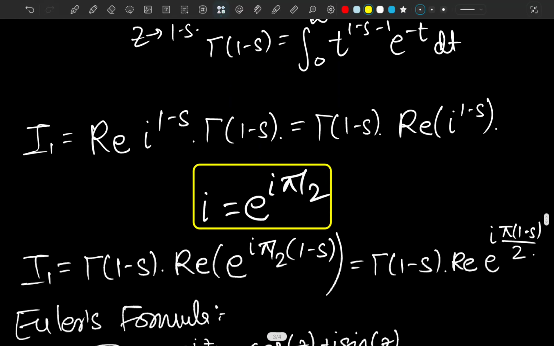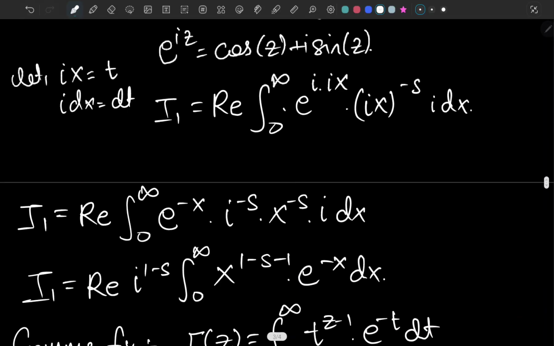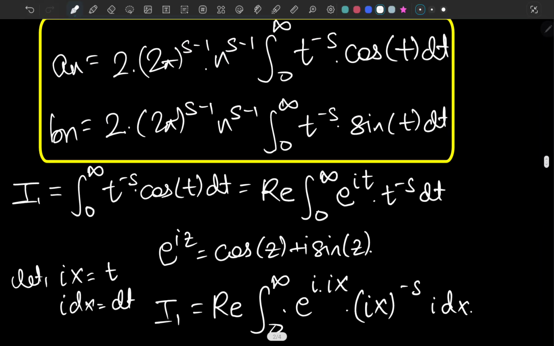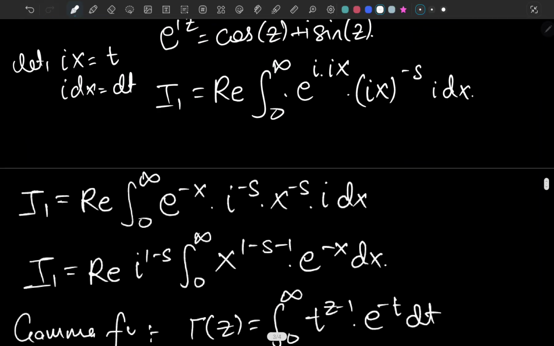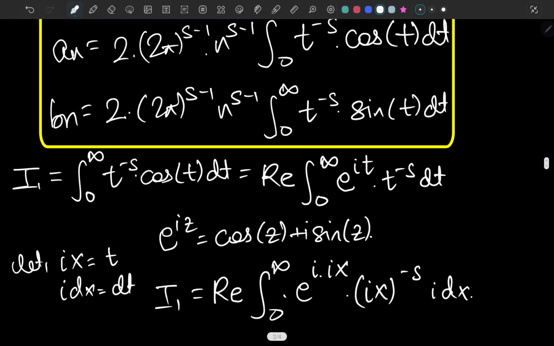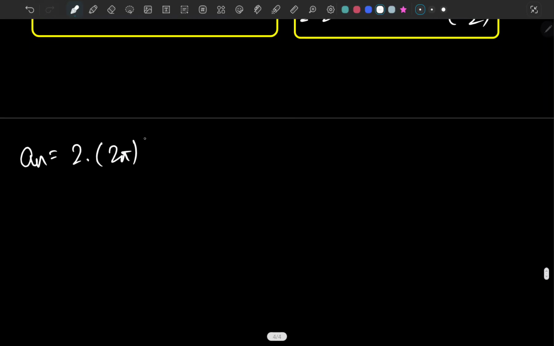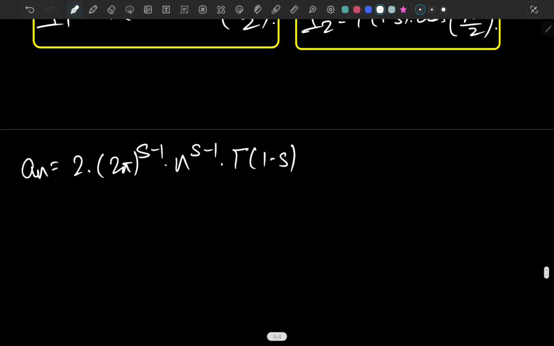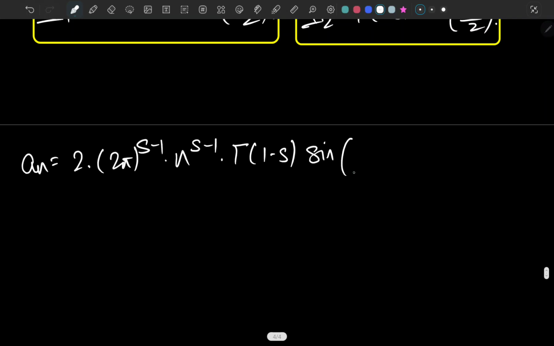So let's plug all these things back into a sub n and b sub n. We have a sub n as 2 times (2 pi) to the s minus 1, n to the s minus 1, gamma of 1 minus s, and sine of pi s over 2.